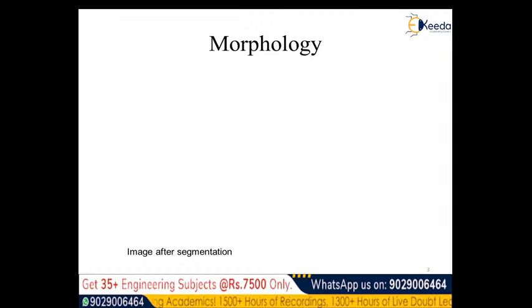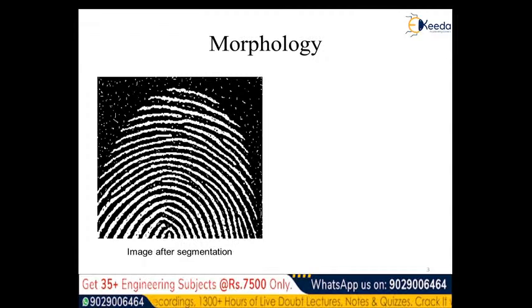Image segmentation is also one of the fundamental operations that we can perform. Various fundamental operations we have studied: enhancement in the spatial domain and frequency domain, image restoration, color image processing, image compression. Like that there is image segmentation also.